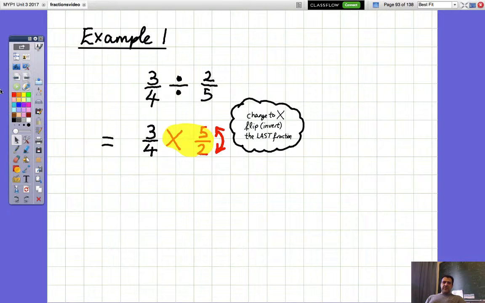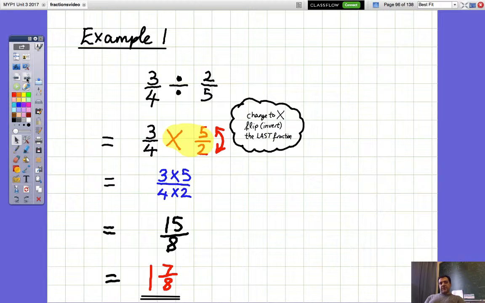So that's the same as 3/4 times, I've changed divide to times, and then 2/5 I've flipped over to 5/2. So that's the same as 3/4 times 5/2. Top times top, bottom times bottom. 3 times 5 over 4 times 2 gives you 15/8, otherwise known as 1 7/8.